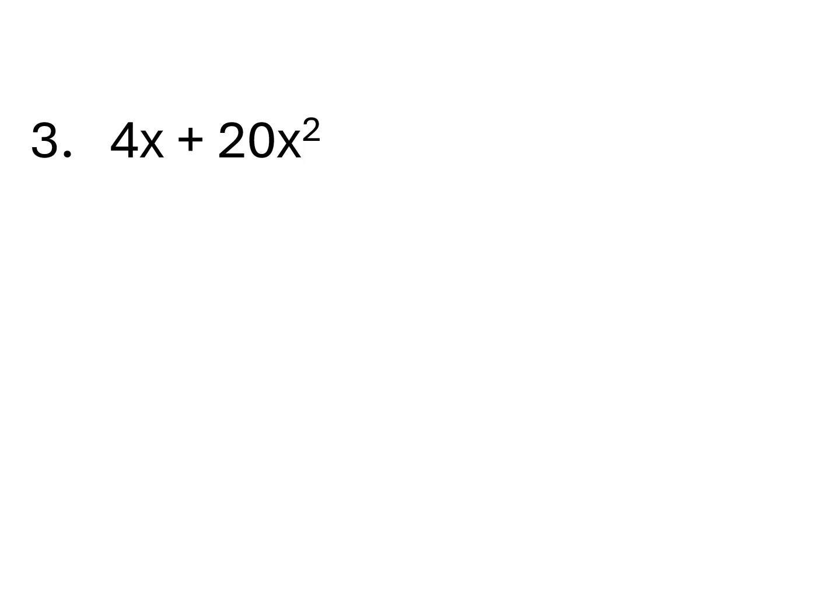To factor the polynomial expression 4x plus 20x squared, we begin by identifying the greatest common factor of the terms. In this case, what is the GCF? Yes, correct. That is 4x. Since both terms share a factor of 4 and at least 1x.